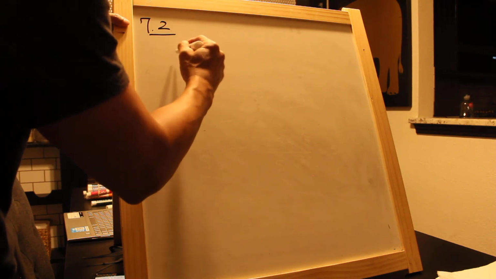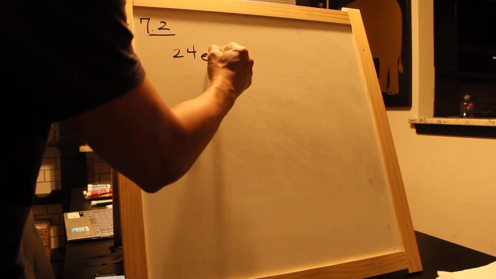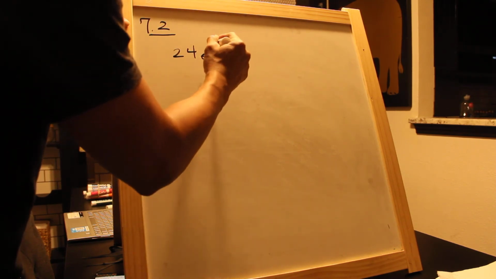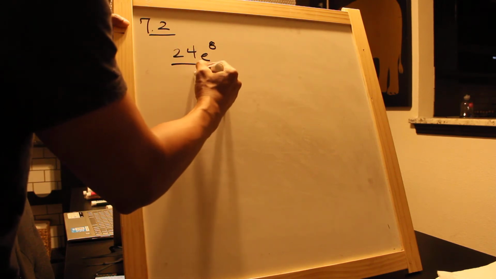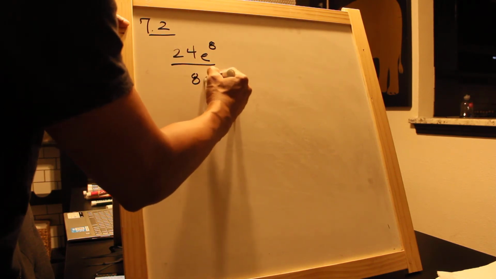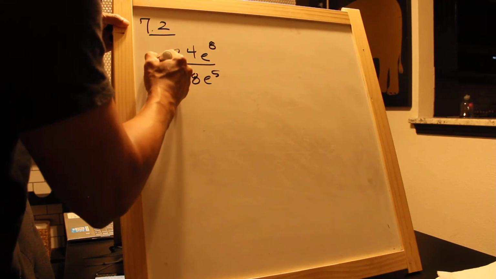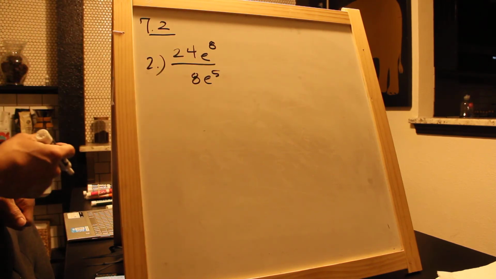So for example, simplify. Let's take a look at number 2. This is 7.2. I do 24e to the 8th power divided by 8e to the 5th power. Okay, this is number 2 on your practice work.